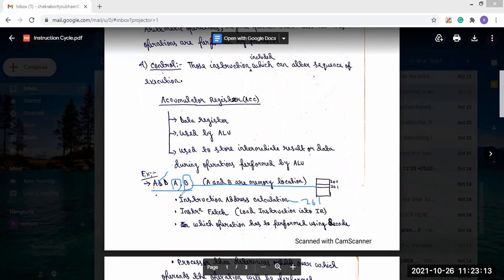These are the steps. When we write commands directly like this, this process goes on in the background. This is how an instruction is executed in the computer. Okay, clear?